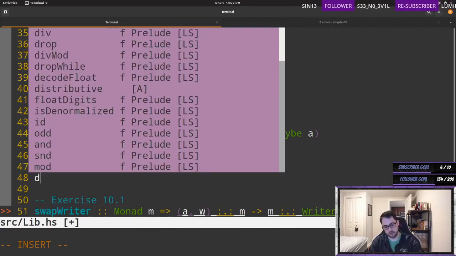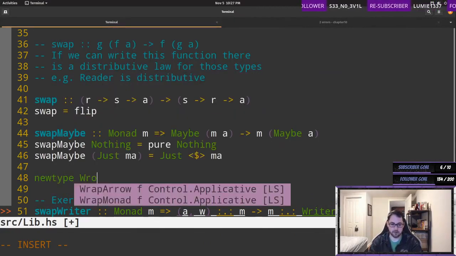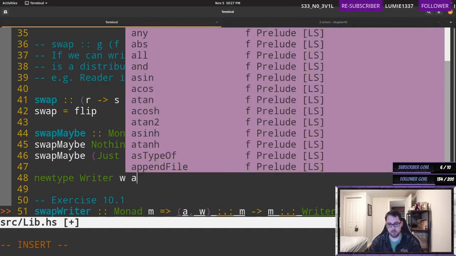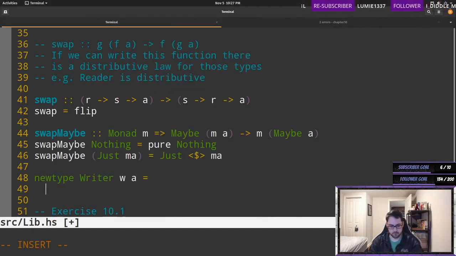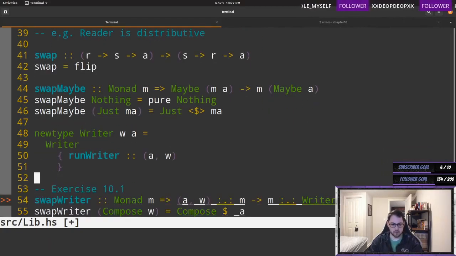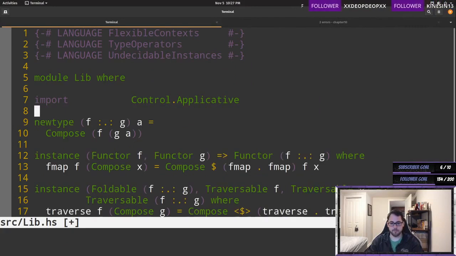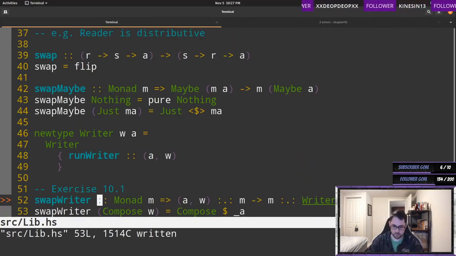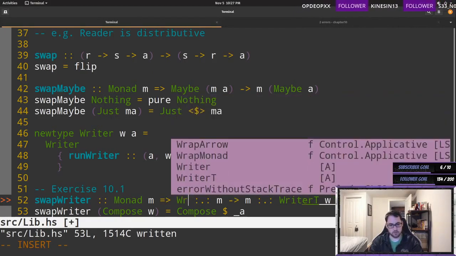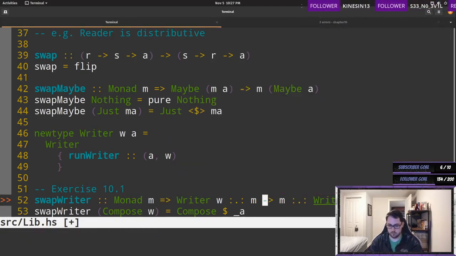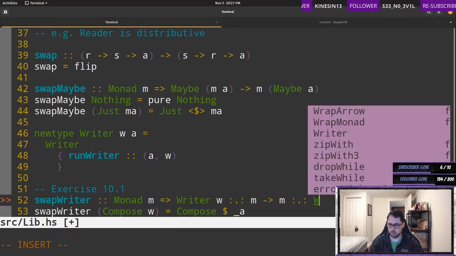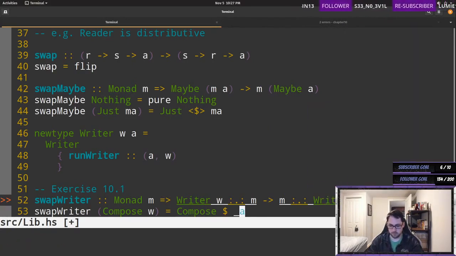Let's do it this way. New type Writer WA. And then this can be writer, I think.